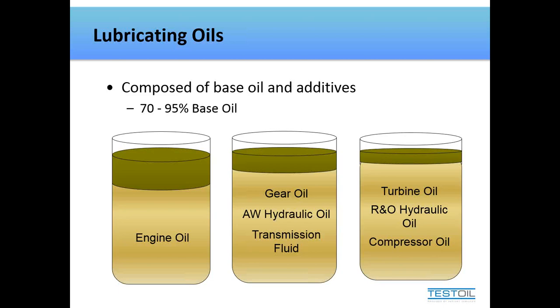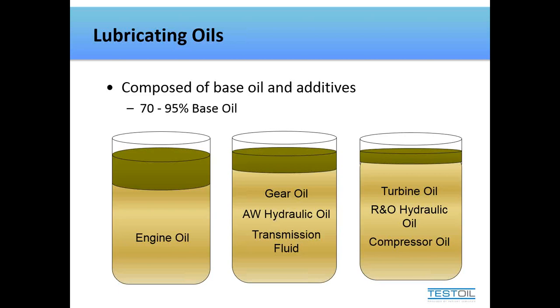Now your gear oils, your AW hydraulic fluids, and your transmission fluids, still highly additized. They can be dirty environments. You need cleaners. You also need some cushioning for gears being together. So you got a lot of additives in there. Not so much as the engine oils, just because the systems are usually sealed.